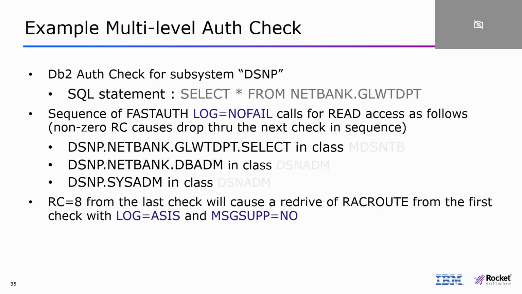If we get RC8 from the last check, what we're then going to do is redrive the RACROUTE from the last check with LOG=ASIS and MSGSUPP=NO, so you actually get your correct logging for that access attempt. So that's the example of how the designers of DB2 thought about their security posture, how they're successfully logging the access and it's coming out with the correct things to make the auditors happy.